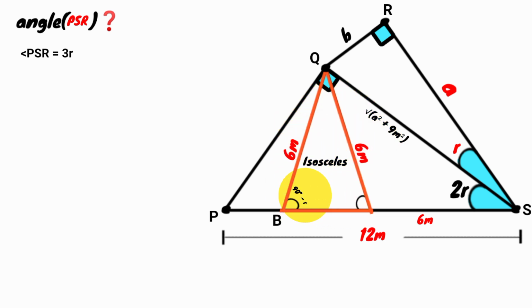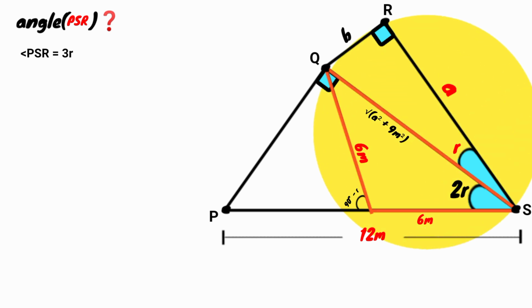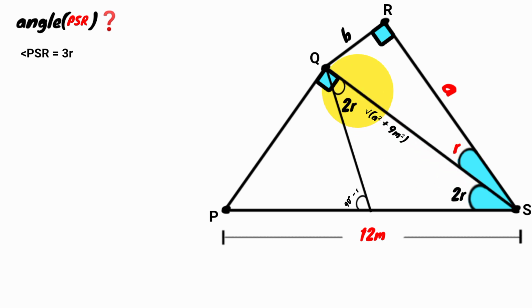So since this is 90 degrees minus R, this must also be 90 degrees minus R. Look at this triangle. Two of its sides are also equal in length. That makes it an isosceles triangle. So the base angles, which are this and this, are equal. Since this is 2R, this must also be 2R.